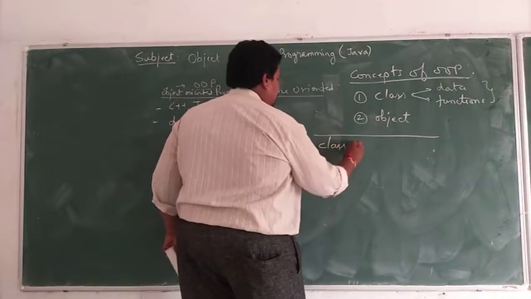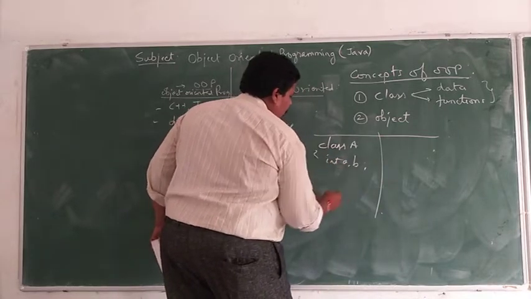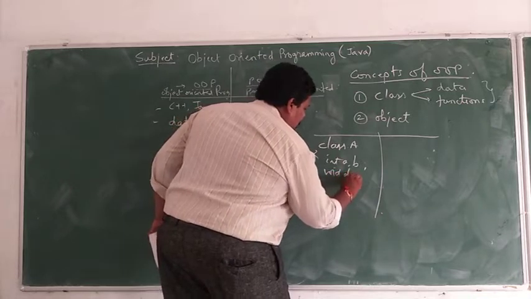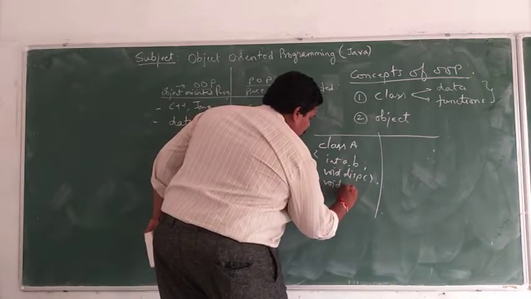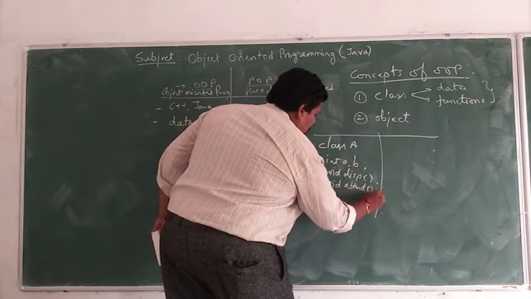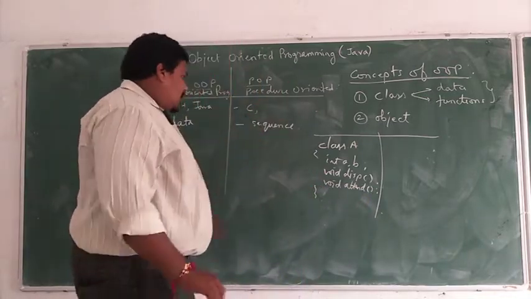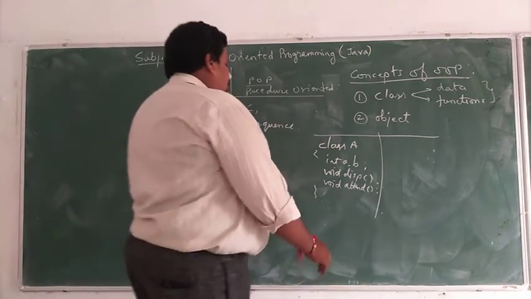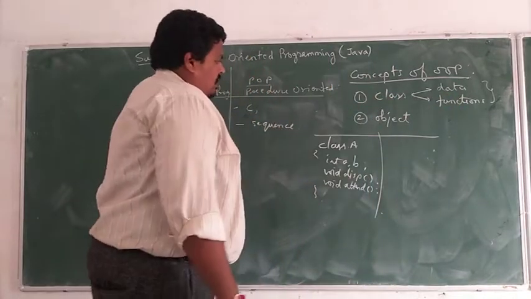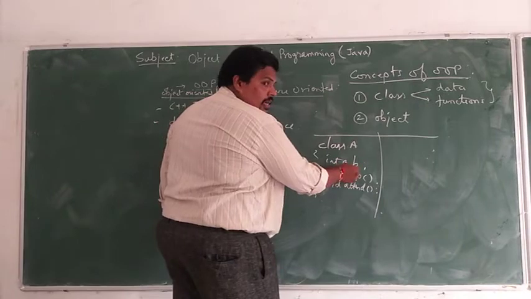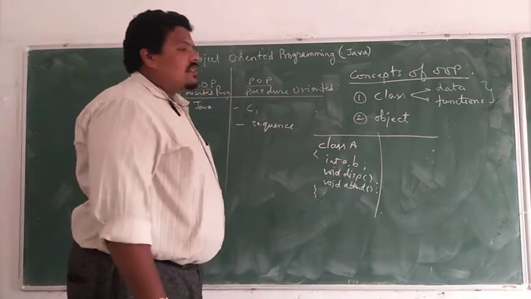We can directly start with some example. This is a class. See, this is an example of a class. Now, what is happening here? According to the definition we have seen, a class is a collection of data and functions. See, int A, int B: these are the two variables we have declared here that hold the data.